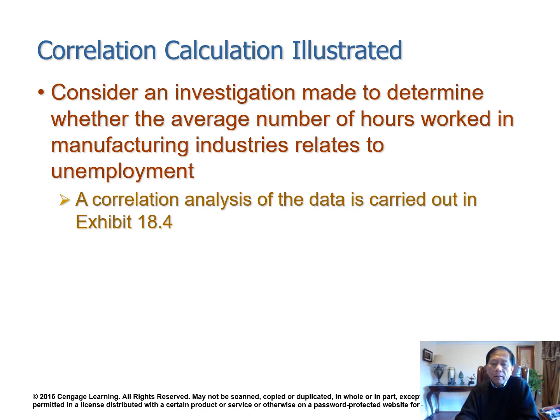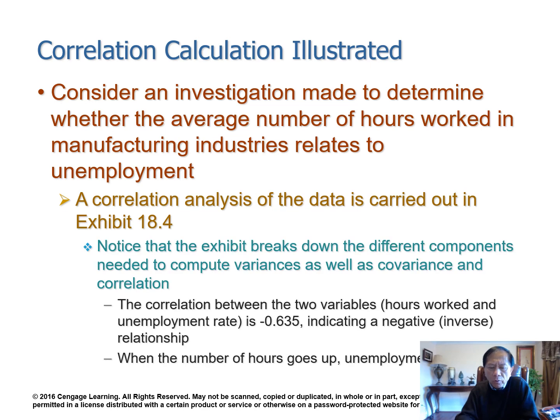The correlation analysis of the data is carried out on exhibit 18.4. Notice that the exhibit breaks down the different components needed to compute variance as well as covariance and correlation. The correlation between the two variables, hours worked and unemployment, is minus 0.635.